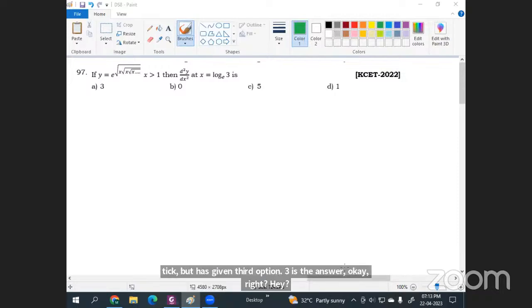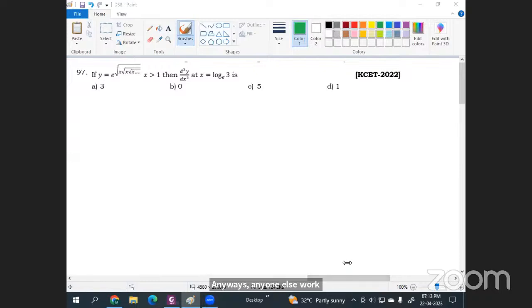Anybody else? Yogesh, first option. Arsha, first option. Sunaina, first option. Everyone got it. Sunaina, third option they give. Why, Sunaina? So first option is the right option.